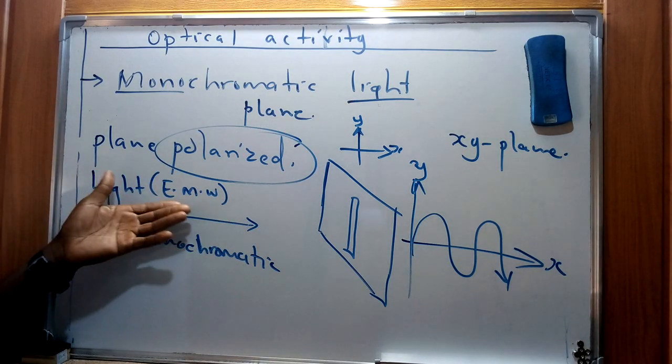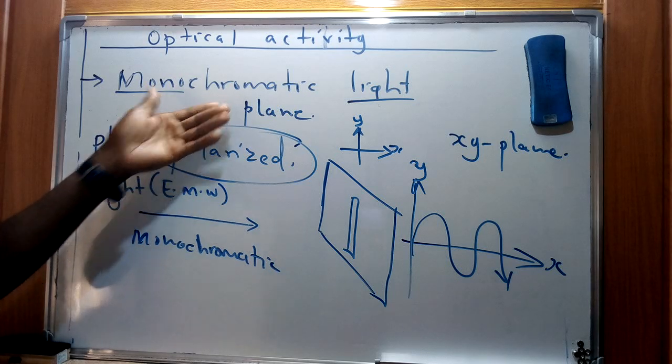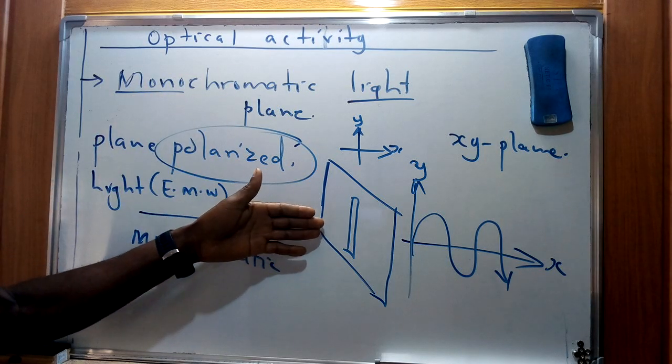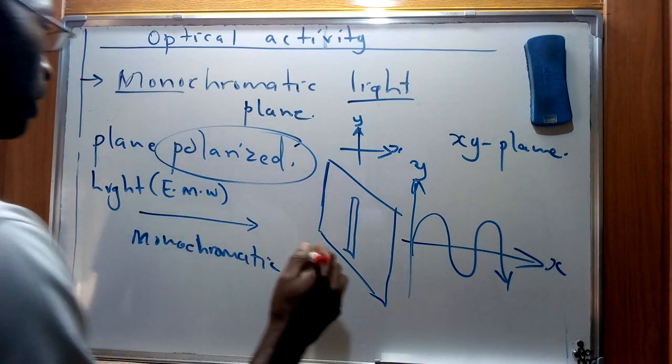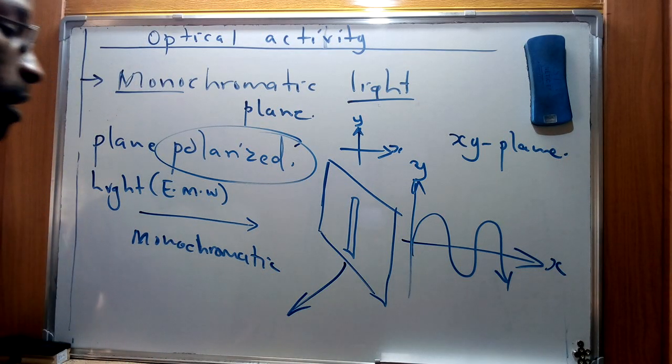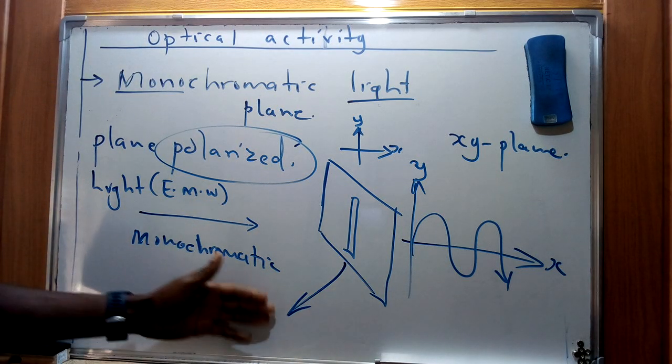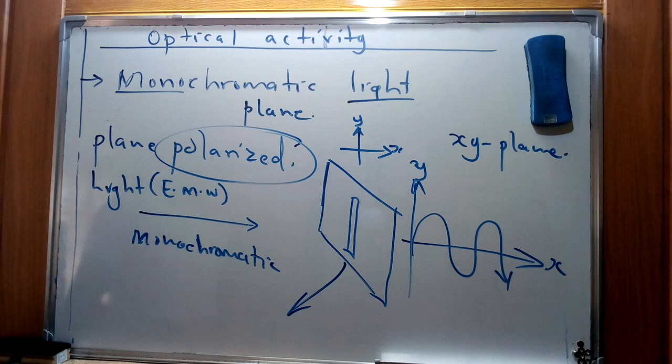So from this we have understood monochromatic light, whenever it is passed through what we refer to as a polarizer. This aspect of trying to restrict specific monochromatic light so that it oscillates in just a single plane is referred to as a polarizer.